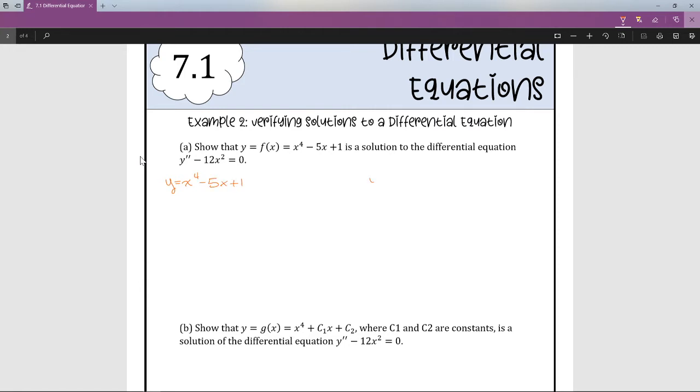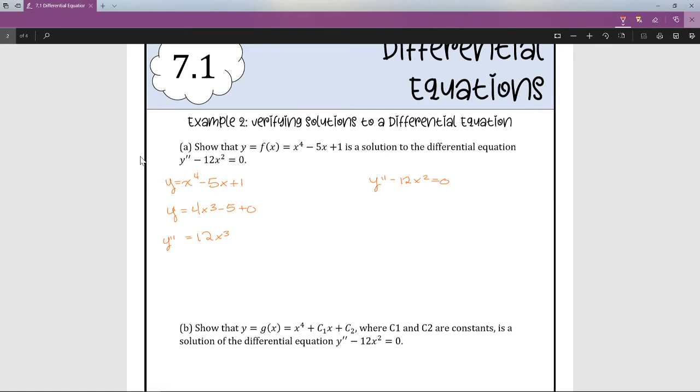And we're going to be solving y double prime minus 12x squared equals 0. So we're going to start by finding y prime, which will be 4x to the 3rd minus 5, and we can write plus 0, but obviously there's nothing there. And then the second derivative, right, is going to be 12x squared.